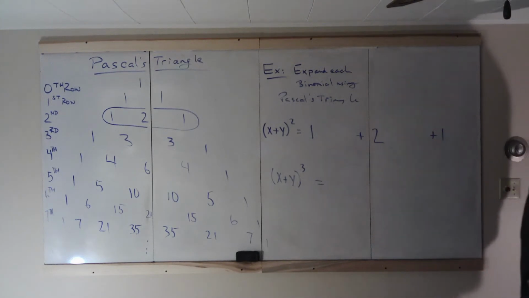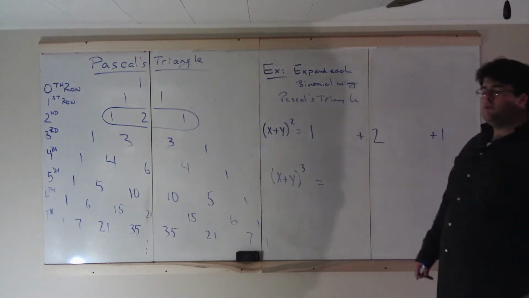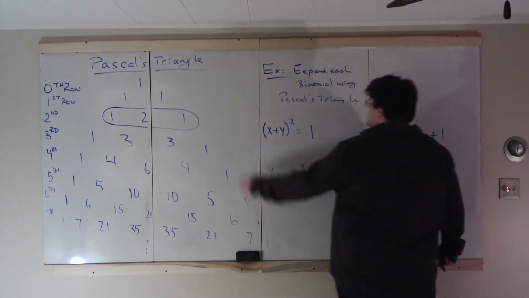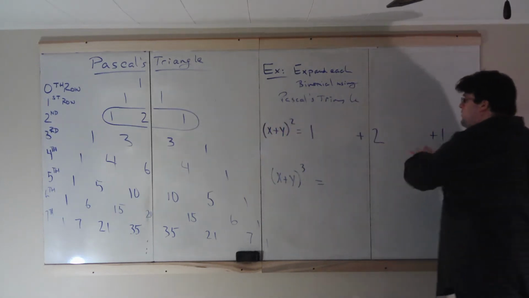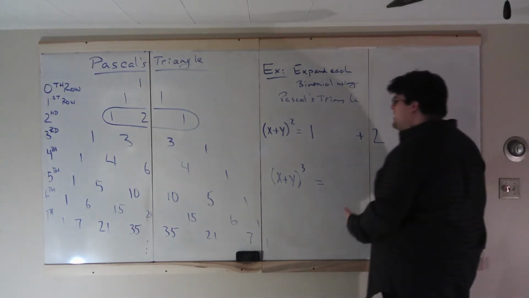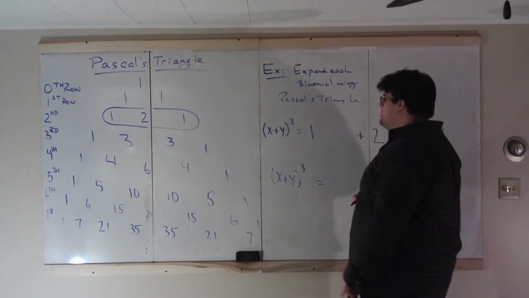Now, what do I mean by that? Well, we have an x and a y. The exponent tells us a little more information. It tells us each of these coefficients is going to have 2 letters attached to it. Which 2 letters? Well, we'll start with the x's, because they're first.